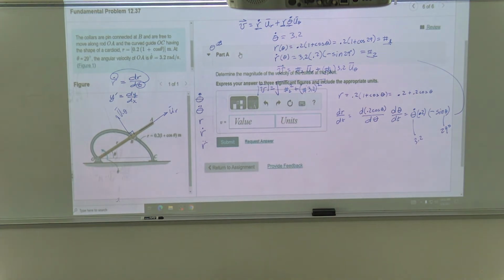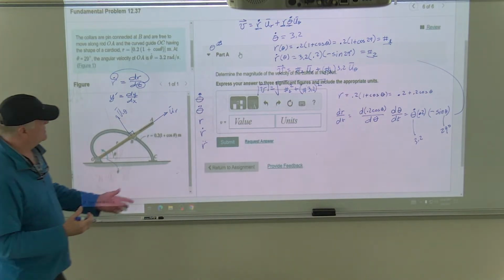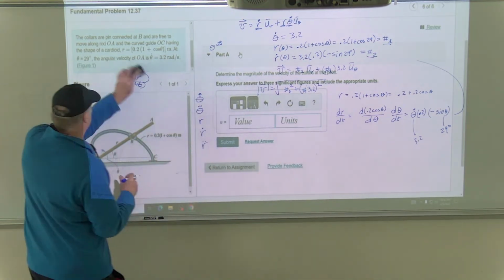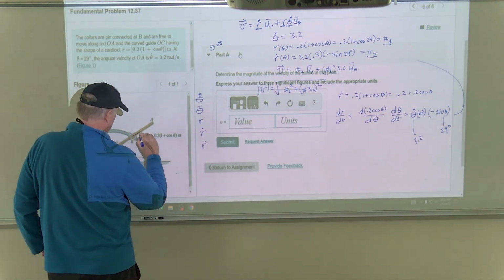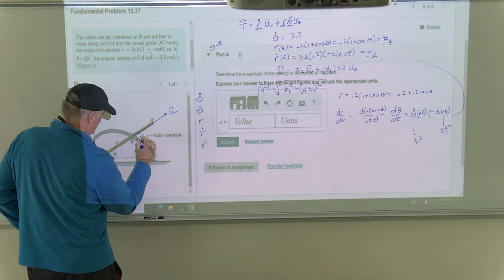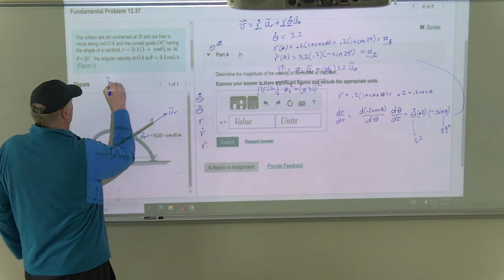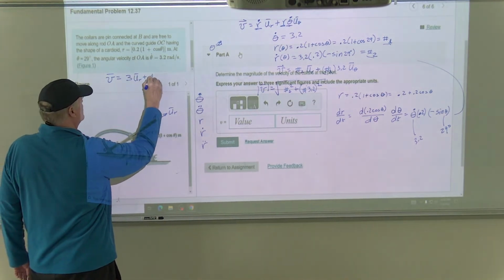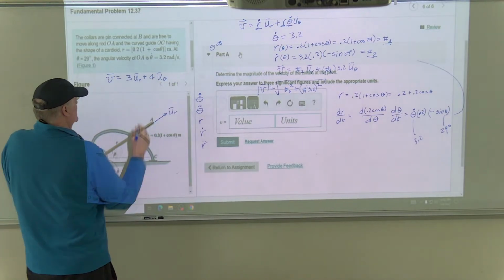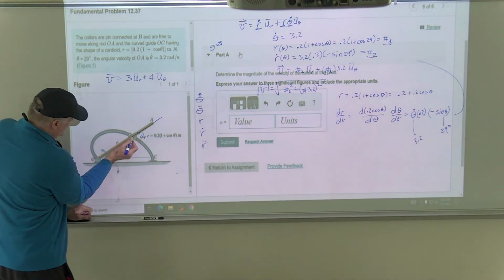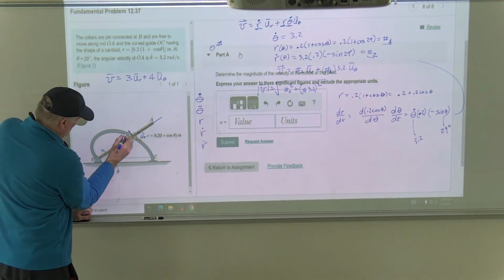And why was it again that we can just do the square root squared? Well, I don't know the numbers, but let's just make them up, and then I'll show you an exception to that rule. So here's your UR, and let's say the velocity ended up being 3 UR plus 4 U theta. Let's just say that's the numbers we got. And so here's your UR, and 90 degrees of that is your U theta.